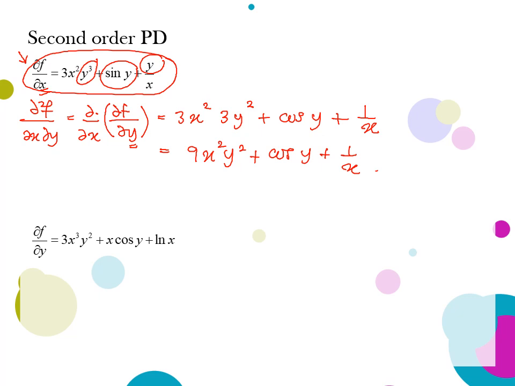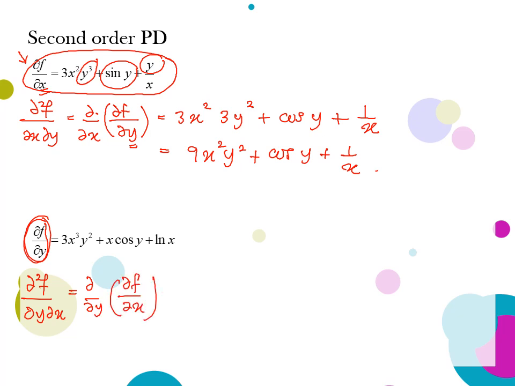Now let us look at the second order when the second time you concentrate on x. So the first one, this is the first order. When you want to find del squared f, del y, del x, it means you will differentiate your first order here with respect to x.